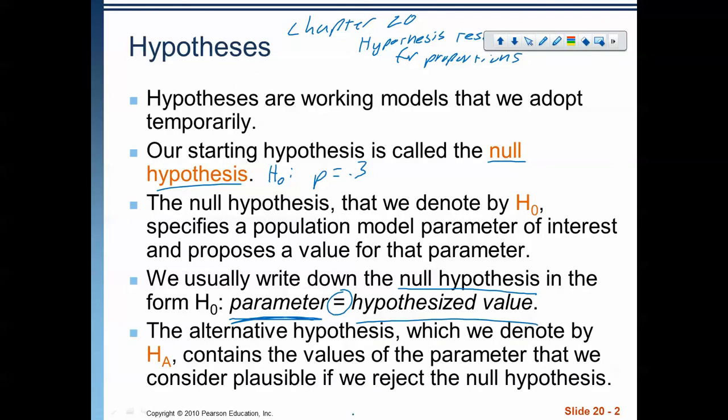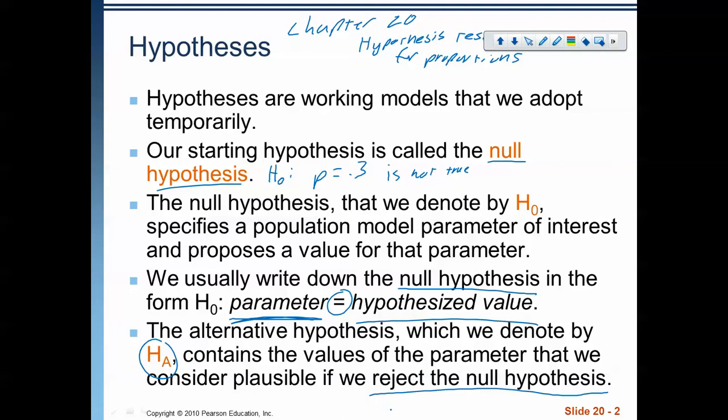Now the alternative hypothesis, which we denote as H sub A, contains the values of the parameter that we consider plausible if we reject the null hypothesis. When I say reject the null hypothesis, what I mean is we are going to say that this is not true.